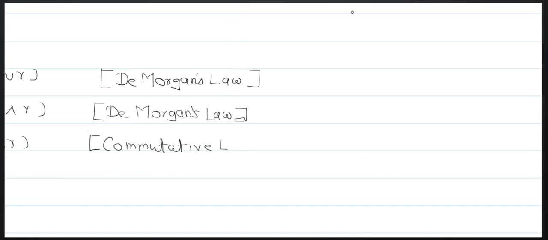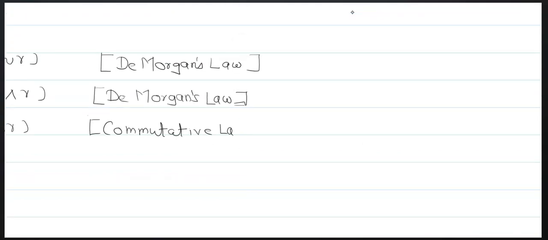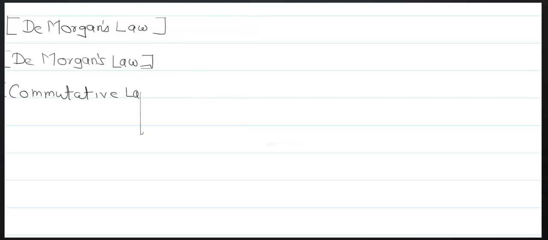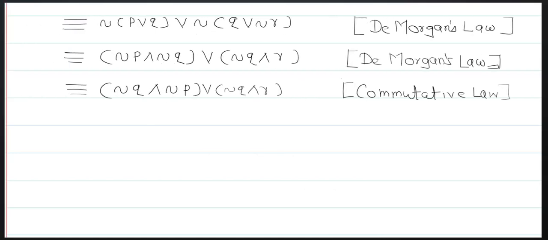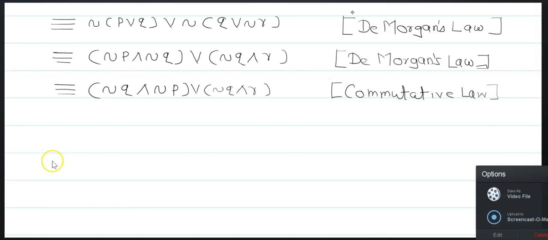Sometimes it is difficult to write on this digital board. Now see this here. What's happening here? This negation of Q is common. And what is the sign in between them? These two brackets are joined by OR, and the negation of Q is distributed over the or.